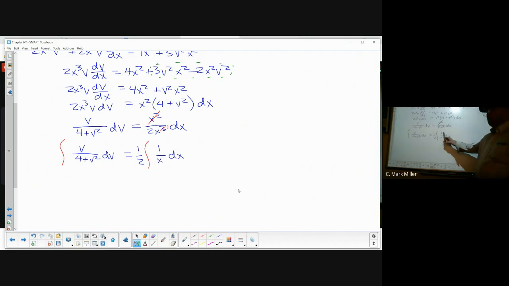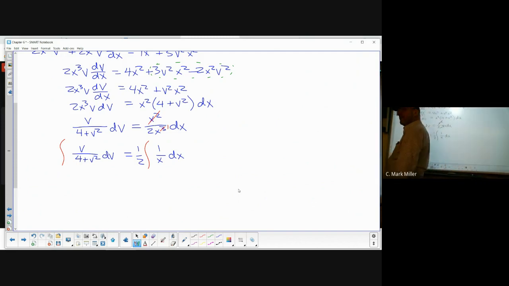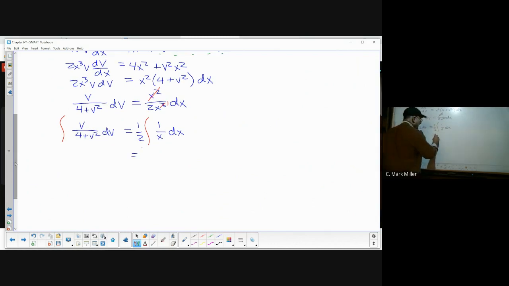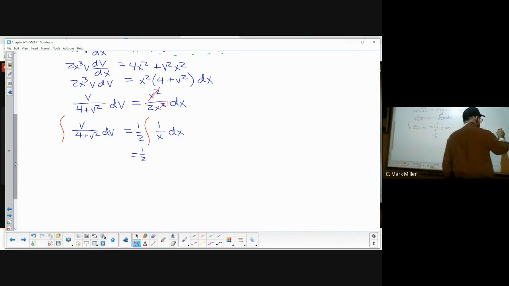One common antiderivative of fractions like this is logarithms. It's not always, but a common one is logarithms, especially when the bottom has its derivative up top. So when the top is the derivative of the bottom, that goes to a natural log as an antiderivative. I told you before, right? d/du of log u is u prime divided by u.